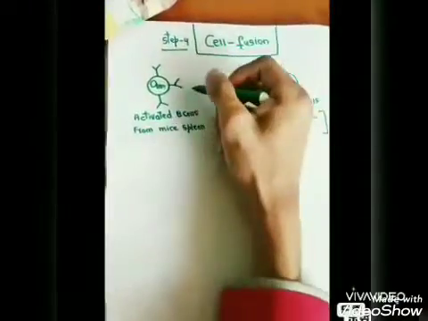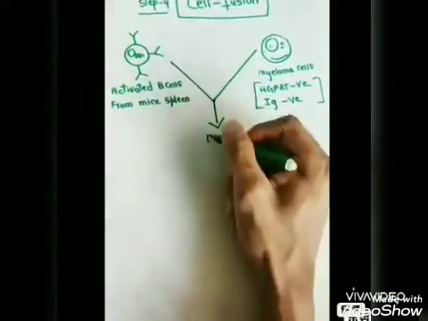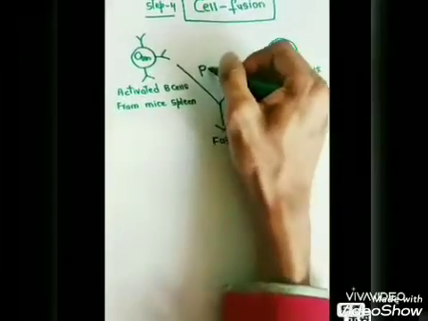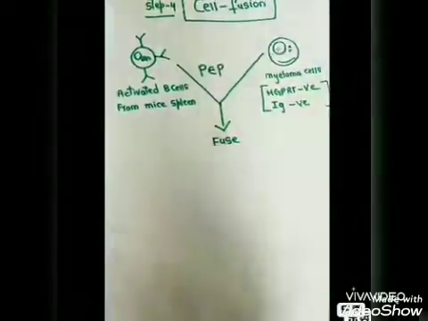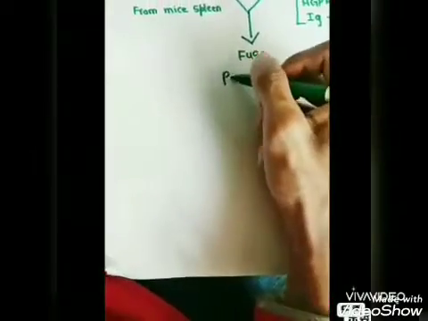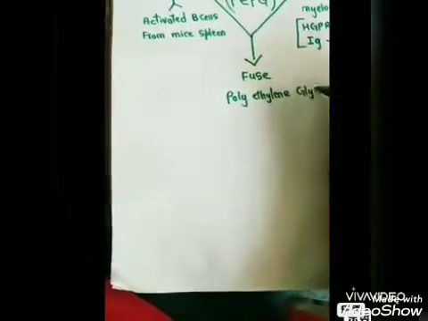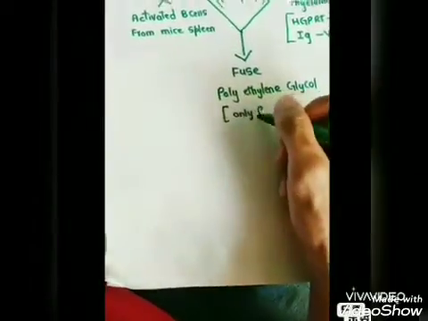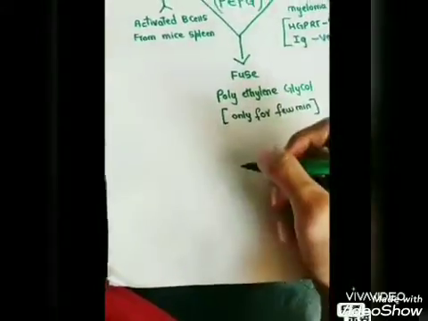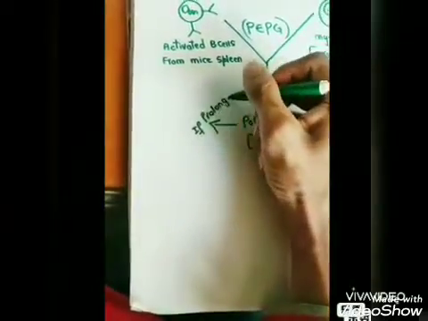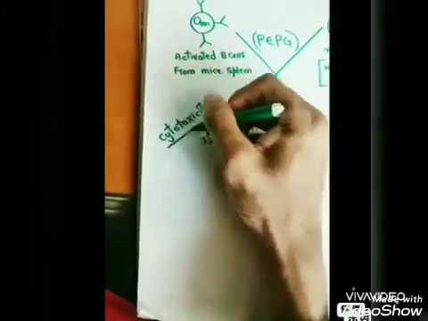Now you're going to fuse this mixture of cells by using a specialized chemical called PEG, or simply polyethylene glycol, only for a few minutes, because prolonged fusion may lead to cytotoxicity, which we don't want.